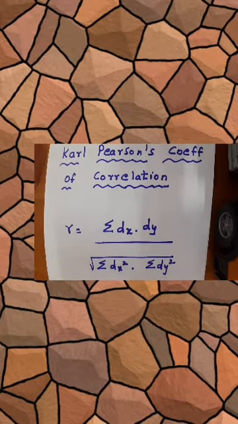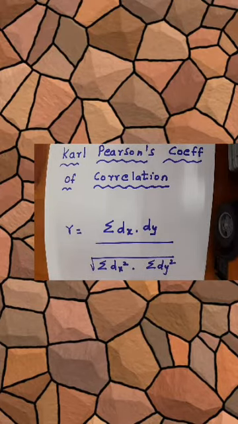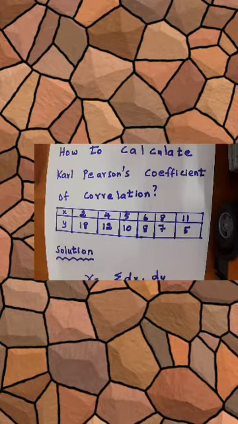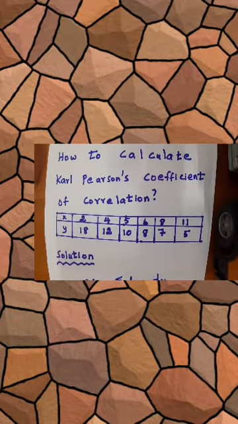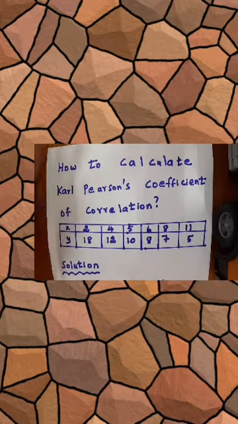Everyone say with me. r is equal to summation of dx times dy, the whole term divided by summation of dx square times summation of dy square. Okay. So there are two formulas to calculate Karl Pearson, but you can follow this one, which is very simple and easy to remember.